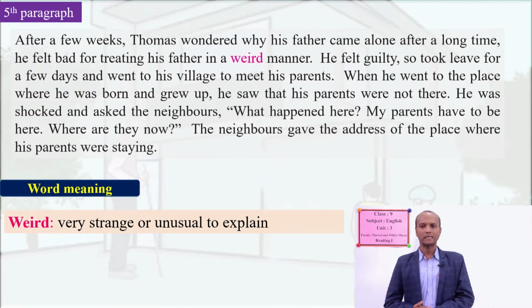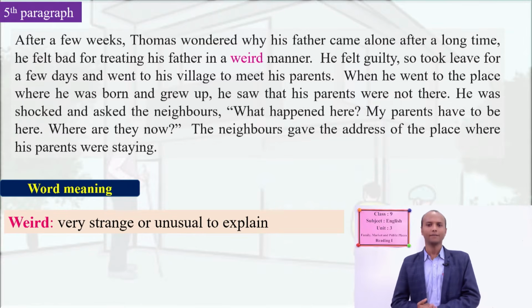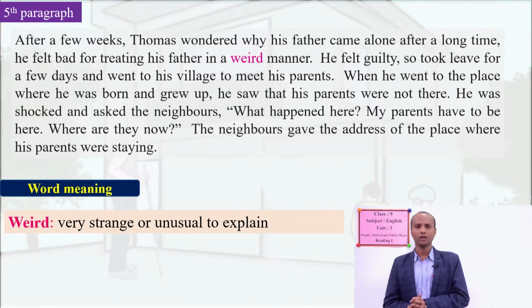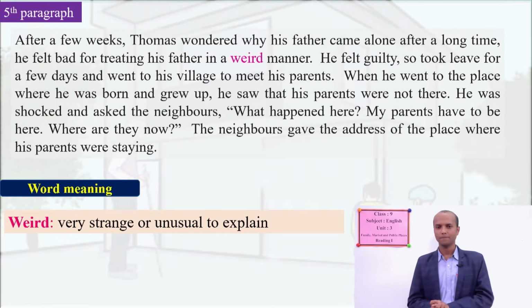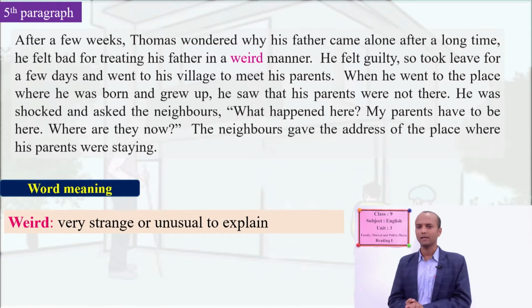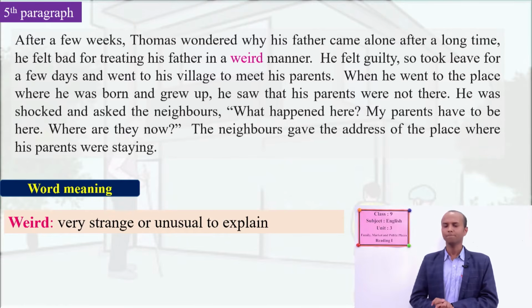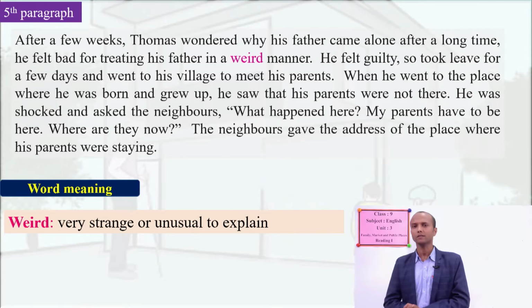So he felt guilty. And he took leave from the office and went back to his homeland to meet his parents. As soon as he went there, he did not find his parents in the place. That's why he asked the villagers, what happened here?